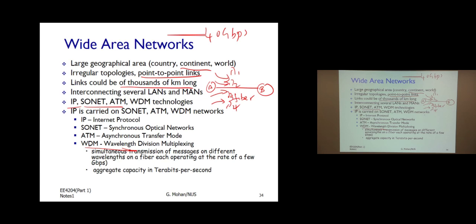Okay. So if there are 100 lambdas and each wavelength operates at, let's say, 40 Gbps, this is equal to 4000 Gbps, that's equal to 4 terabits per second. Okay, because many simultaneous transmissions take place at the same time, we are able to achieve throughput of what is called terabits per second.